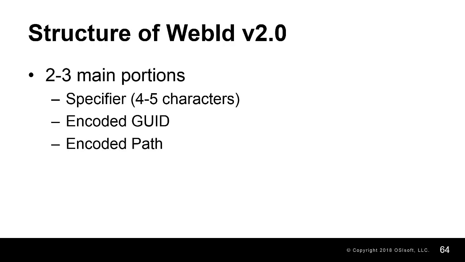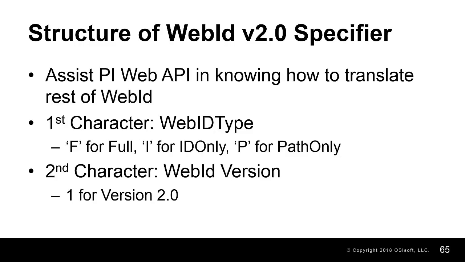So, how is a web ID formed? It has 2 to 3 main portions: a specifier, the encoding of the GUID, and the encoding of the path, depending on which web ID type you're specifying. The specifier is 4 characters, 5 in some cases, which assists the PyWebAPI in knowing how to translate the rest of the web ID.